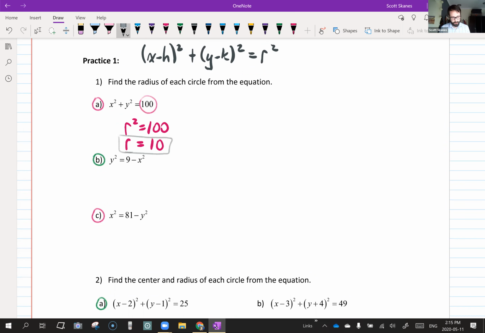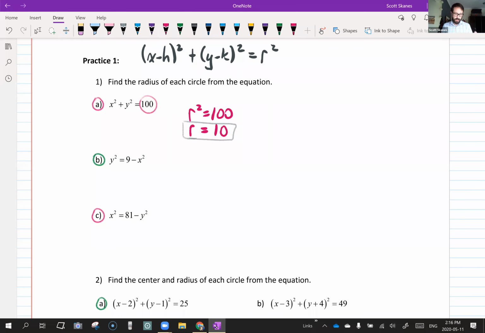So these questions, especially with circles, are very, very simple a lot of the time. There's not much to them. You can notice here, hopefully, that the center is at 0, 0. The reason for that is there's no h here, and there's also no k next to the y. So we just ignore it.